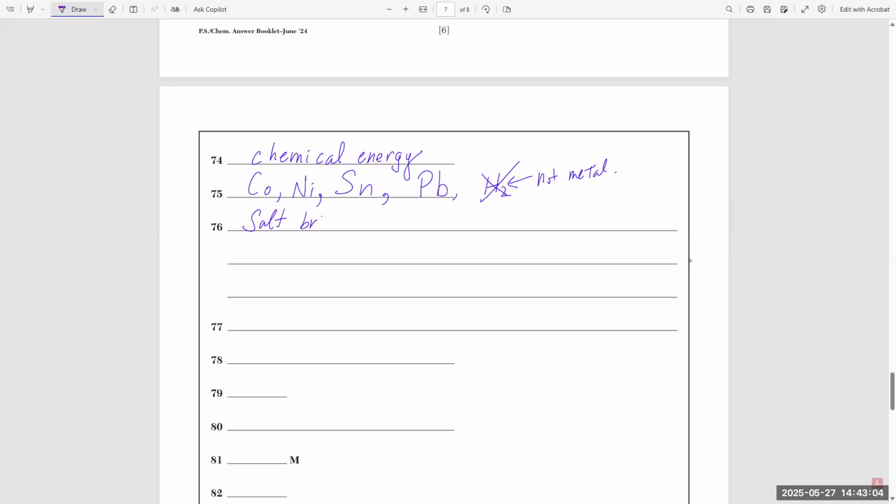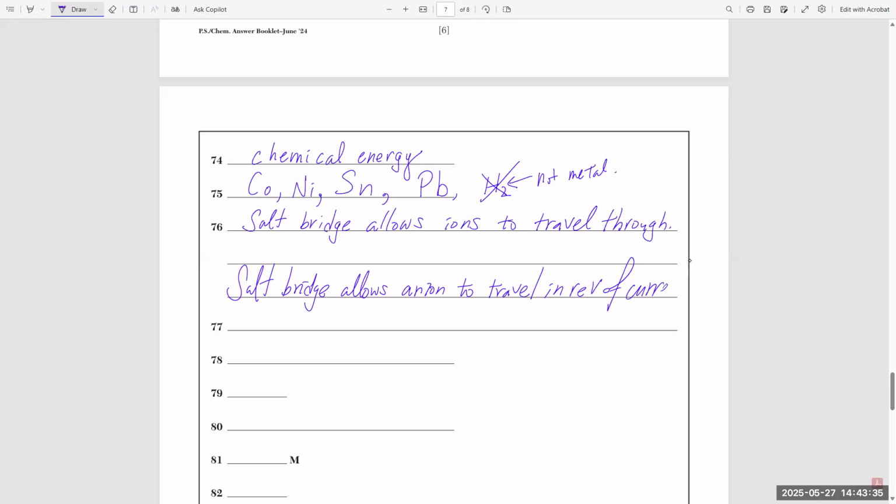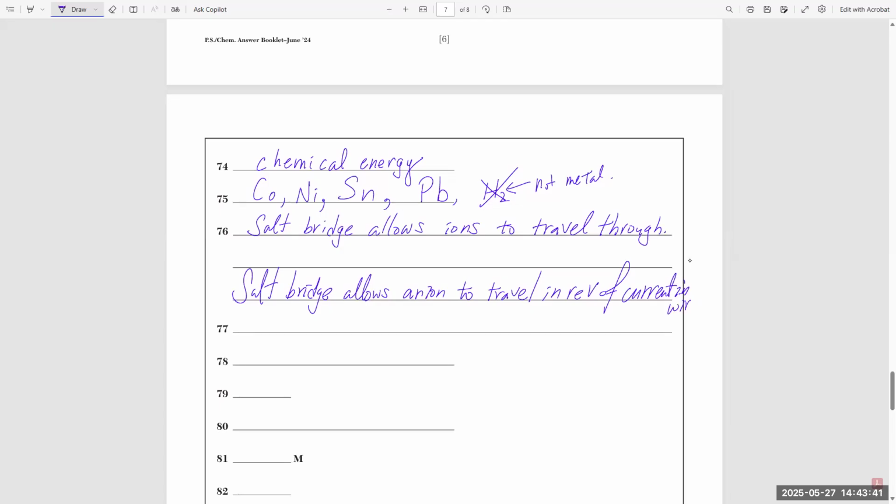Salt bridge allows ions to travel through, or more specifically, you can write that salt bridge allows an ion to travel in reverse of current in wire. Okay? But that should be good enough.